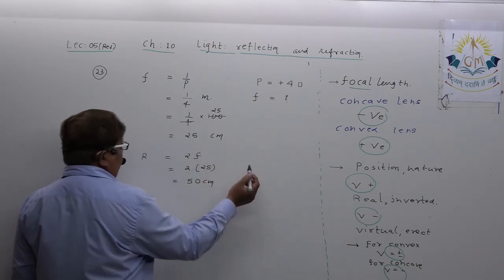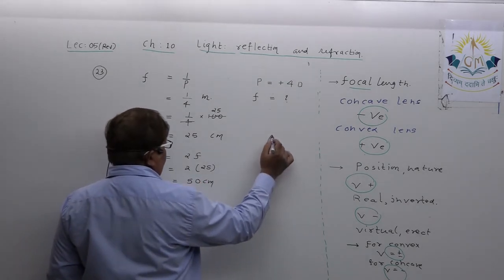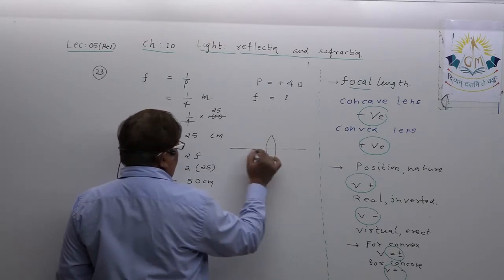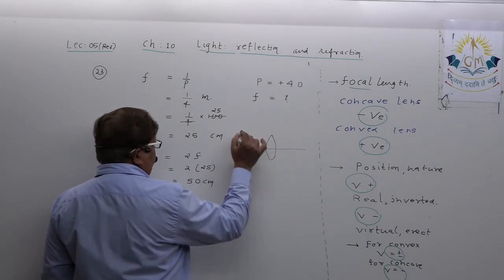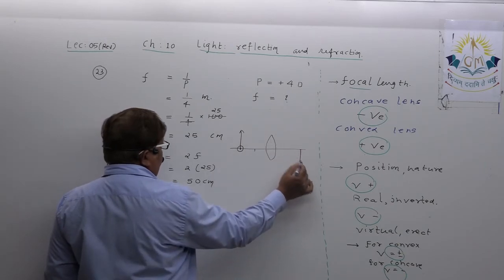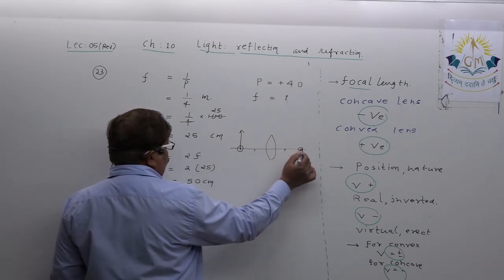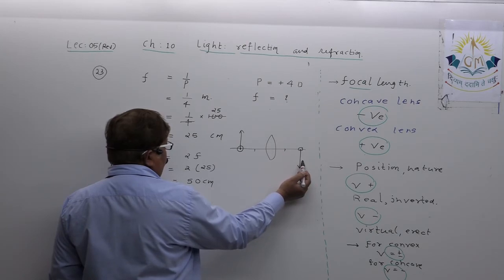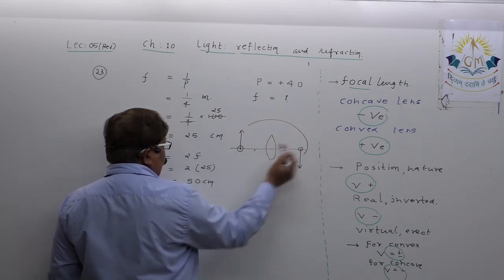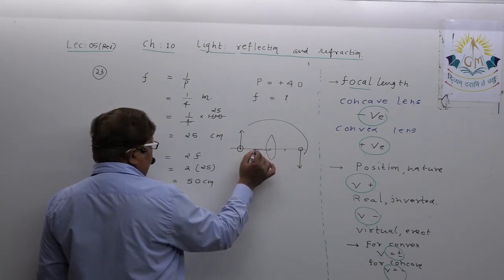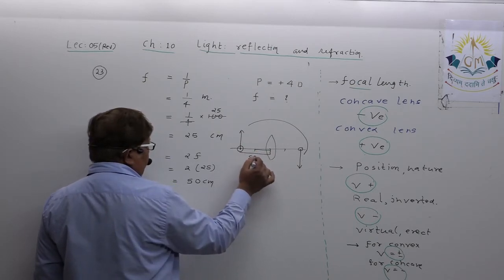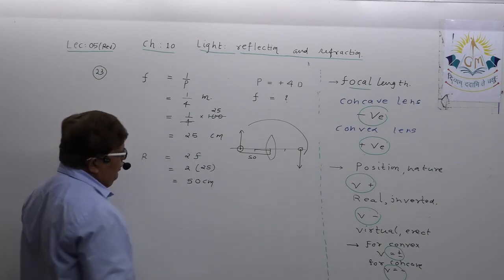What you got? 50 centimeter. Just if I give you the rough idea, as you all know, here F and here C. If you keep the object here, then you get exactly at the center of curvature a real inverted image of the same size. And how much away it is? Because focal length is 25, this is obviously 50 centimeter.